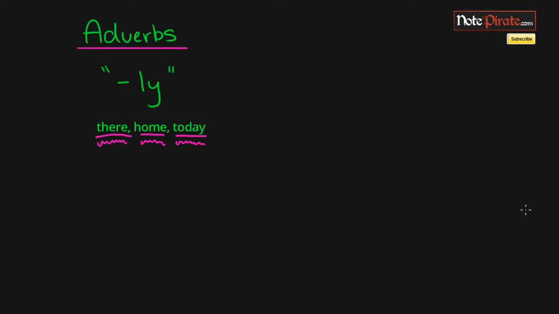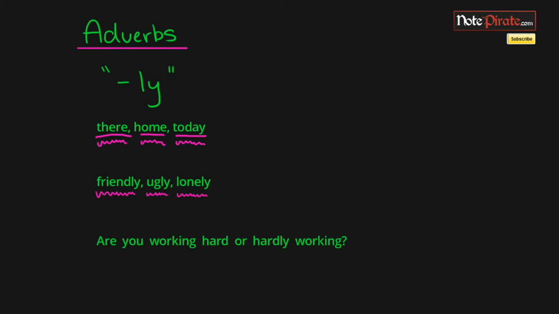Now, for example, take a look at friendly, ugly, or lonely. These are adjectives, as we looked at in our last tutorial, even though they end in ly. So keep in mind those questions that adverbs have to answer, and the fact that they have to modify verbs, adjectives, or adverbs, not nouns.